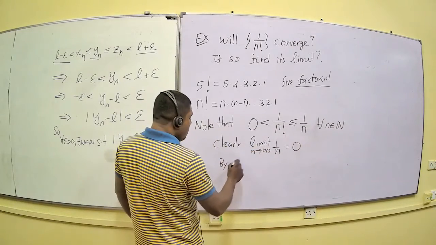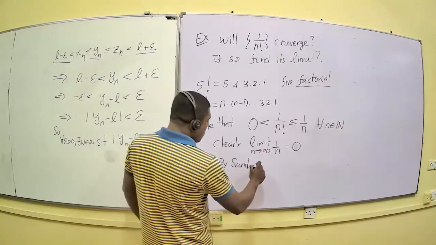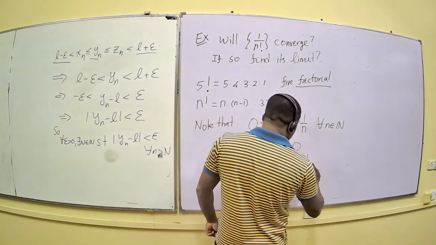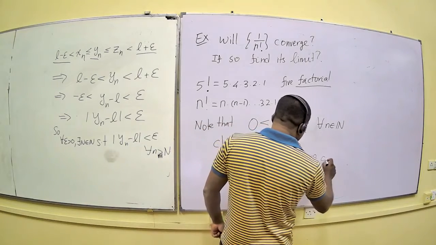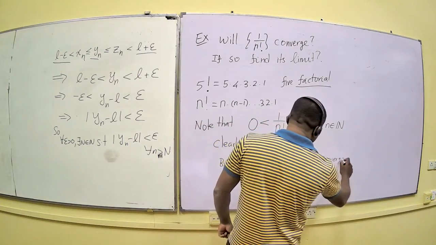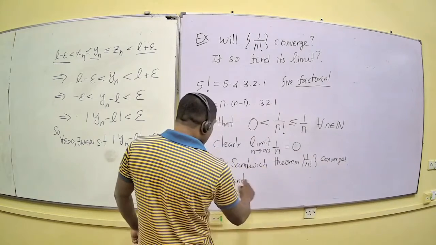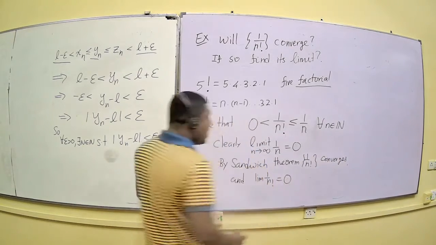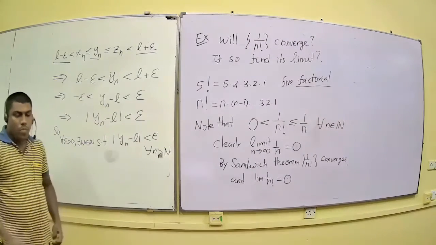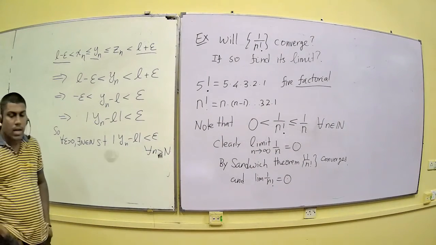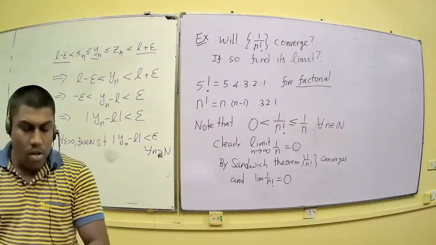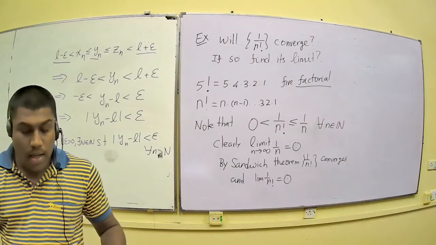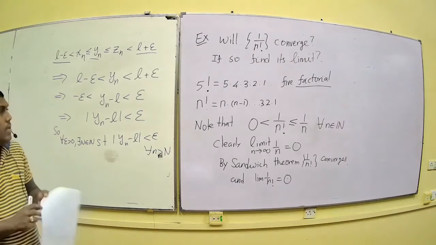So by the sandwich theorem, because both sides converge to the same limit 0, the middle sequence will also converge, and it will converge to the same limit 0.